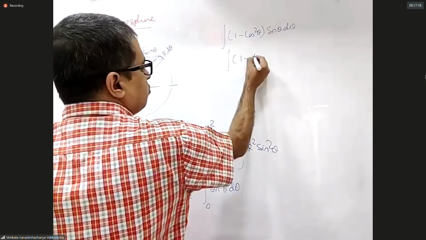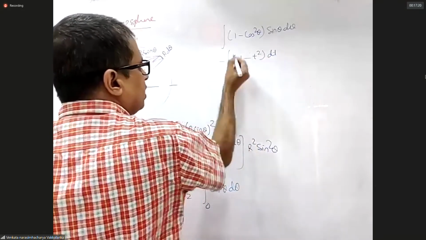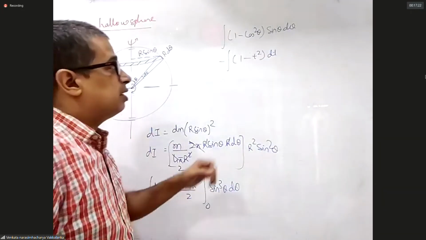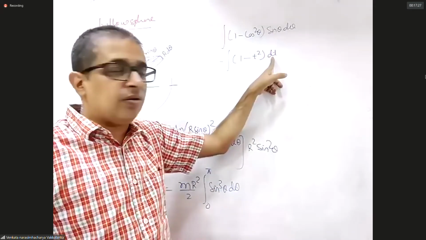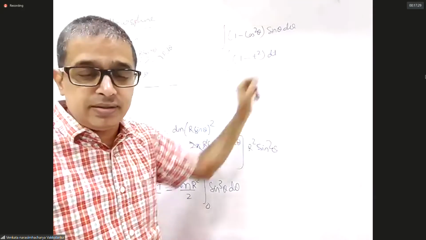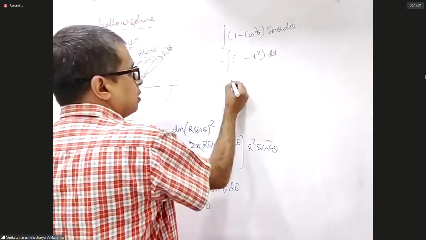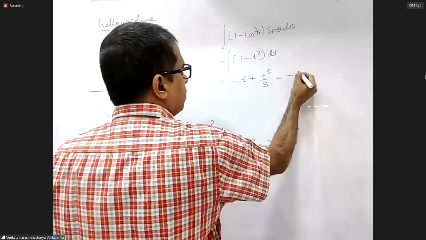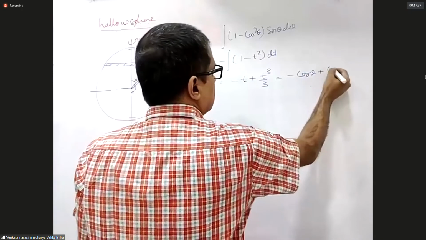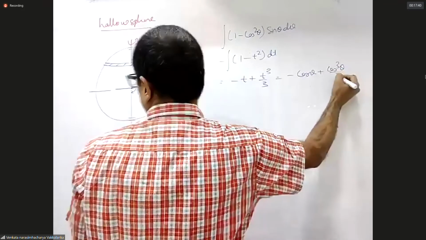This will become 1 minus t squared dt with a negative sign. What did you do? You took t as cos theta, so sin theta d theta will be dt with a negative sign. Minus t plus t cube by 3, which is minus cos theta plus cos cube theta by 3.